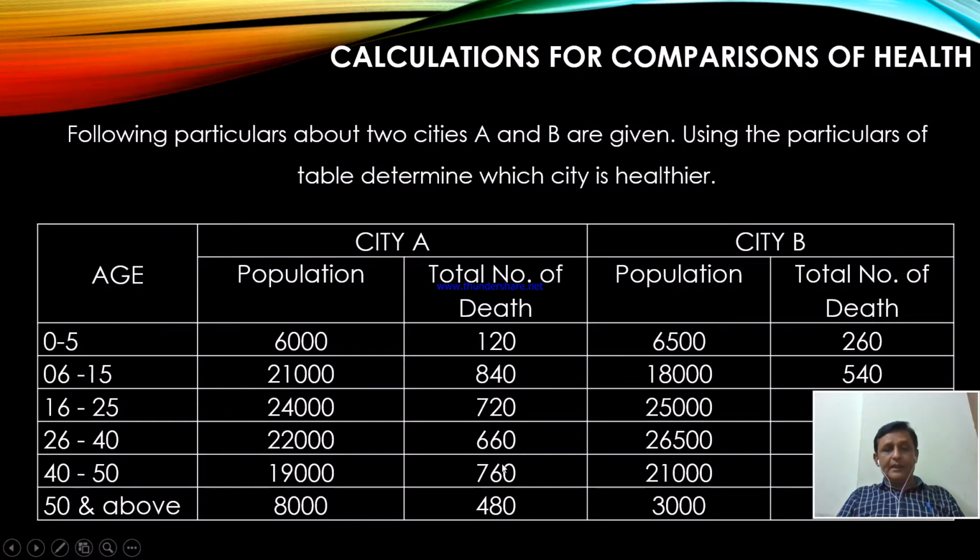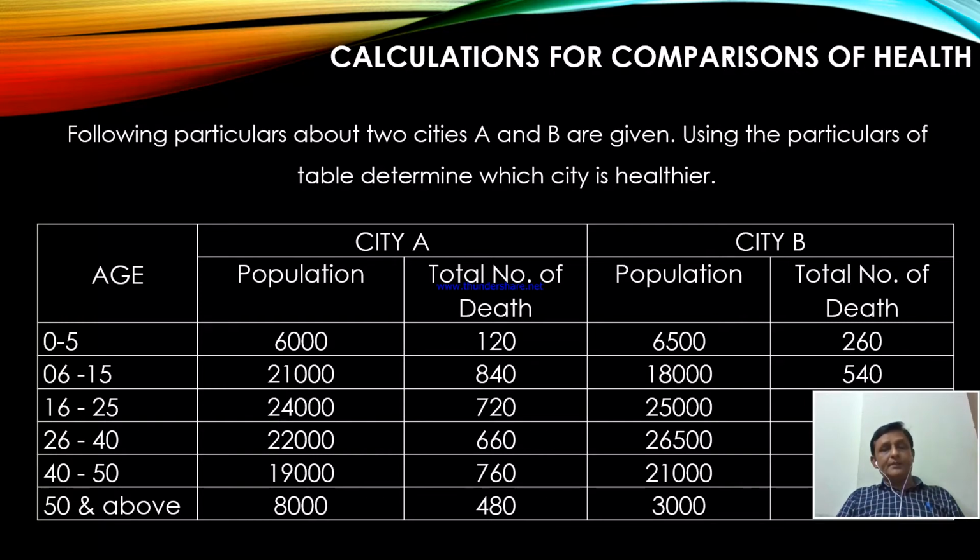For example, if we focus on the second age group, there are 21,000 people in this age group in city A, whereas total number of deaths is 840. City B has 18,000 population of the same age group, whereas the deaths are 540. So these are not similar figures for comparison, is it?